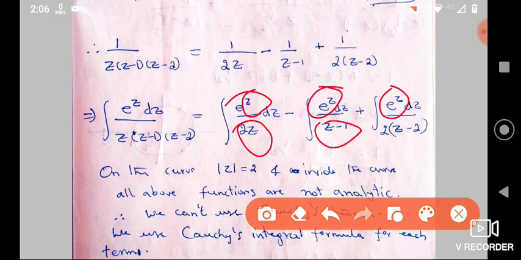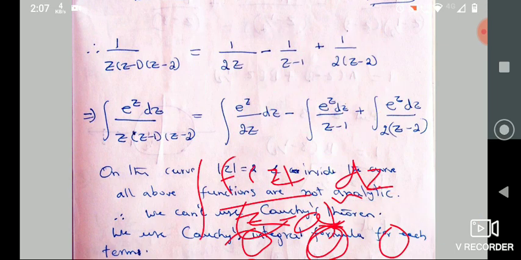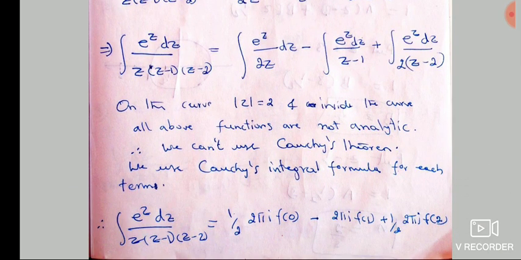Because in Cauchy's integral formula, the equation will be of this kind: f of z divided by z minus a power n into dz. So here z minus 1 will be z minus a, and f of z will be e power z, right?